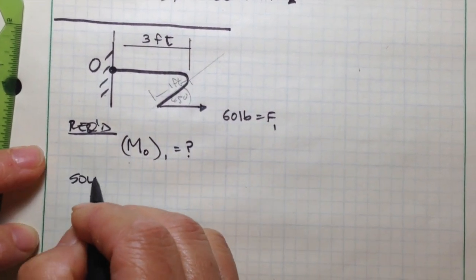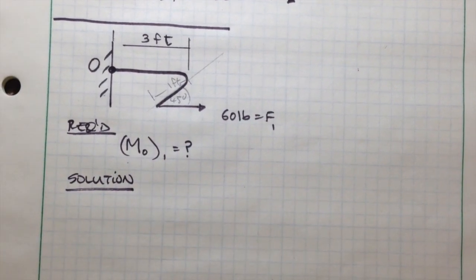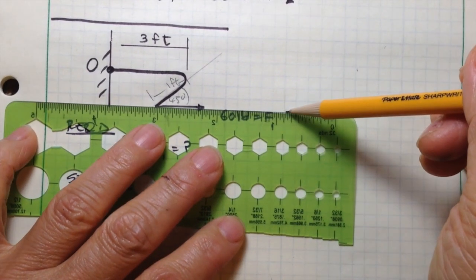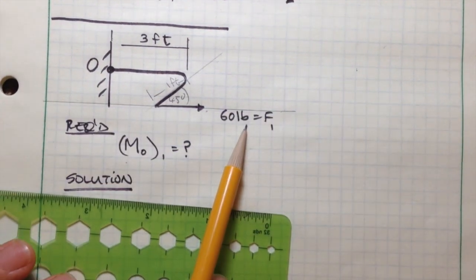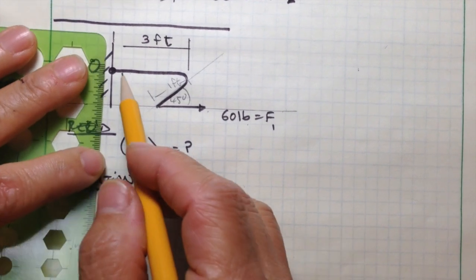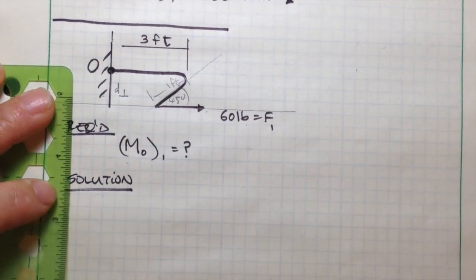So the solution then would be as follows. I need to draw the line of action of force F1, and I now need to determine the perpendicular distance. That would be this distance right here. This would be D perpendicular.